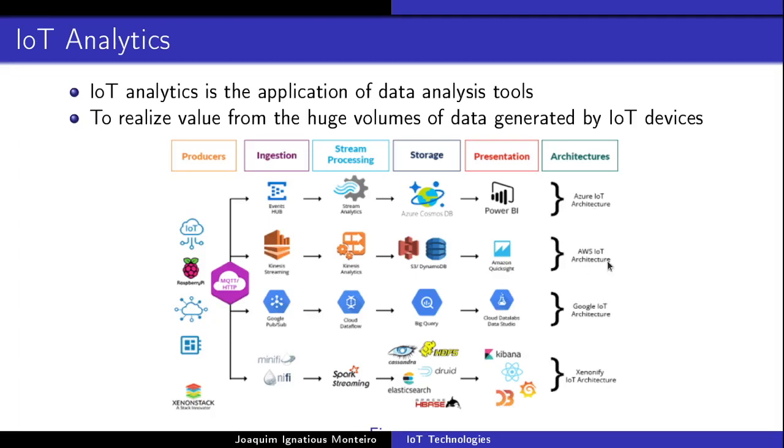Then AWS, Amazon Web Services IoT, then the Google IoT architecture, and then there is a Xenonify IoT architecture. These have different tools to allow you to do different tasks. That is IoT analytics: applying data analytic tools to all the data gathered and making some sense of it.